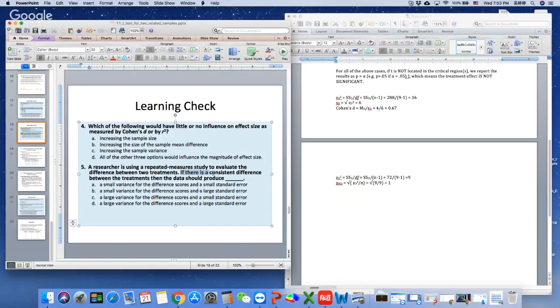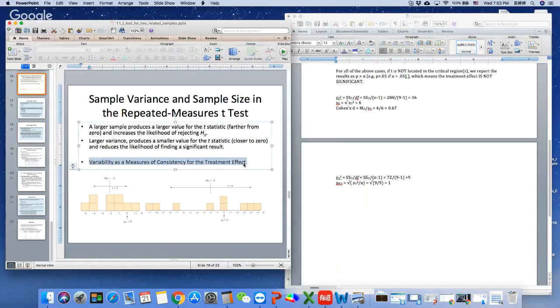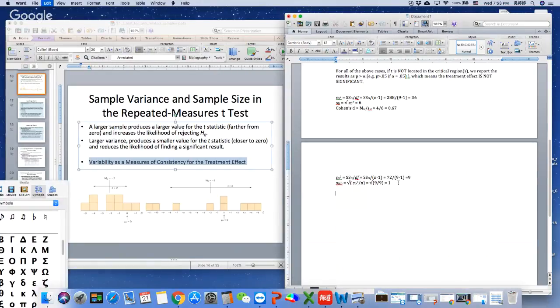Here we said the variability is a measurement of the consistency of the treatment effect.